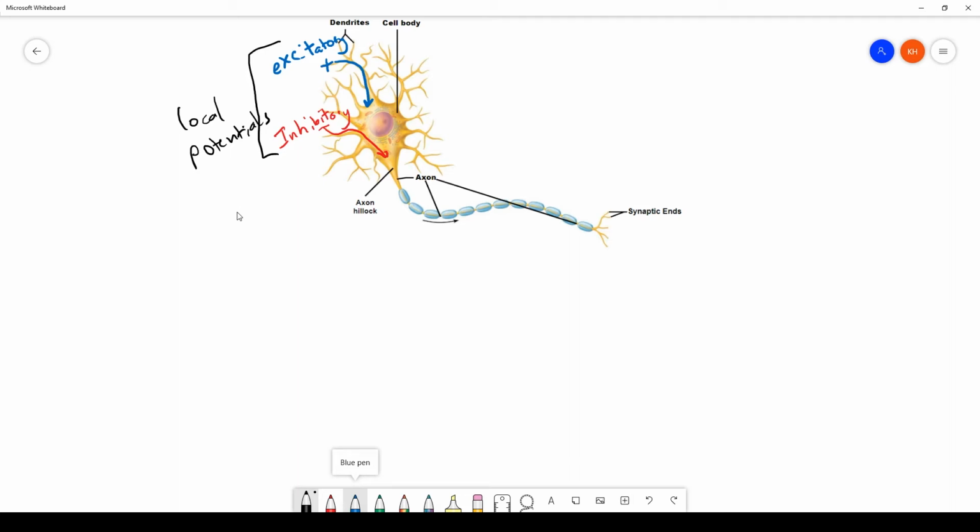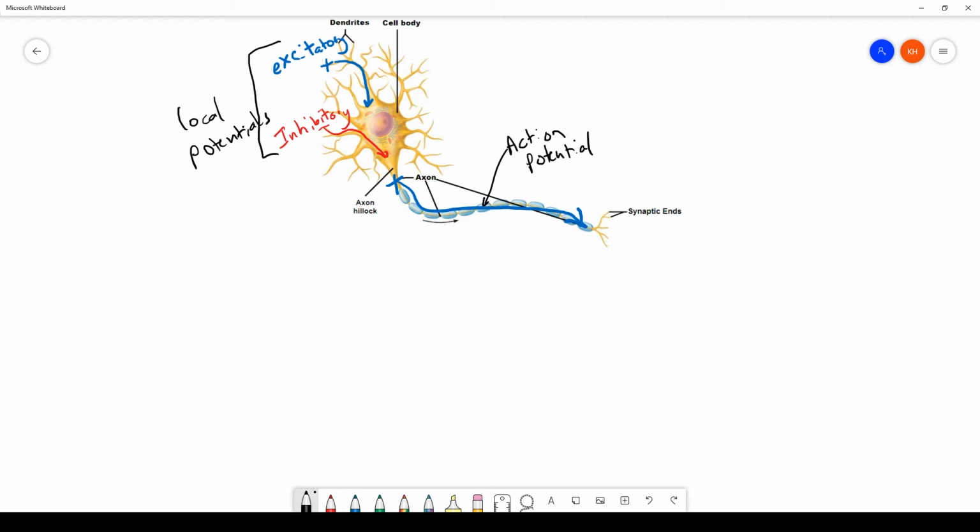These local potentials are summed up at a junction between the soma and the axon, called the axon hillock. If enough positive charges accumulate and the cell's membrane reaches a value called threshold, then voltage-gated sodium channels open and allow the sodium to flow into the cell, resulting in an electrical message being sent down the axon. This positive electrical signal is referred to as an action potential.